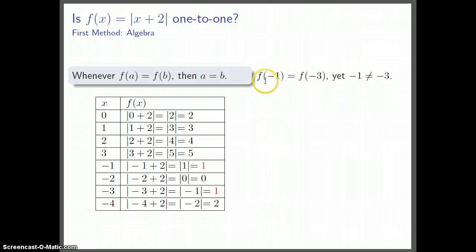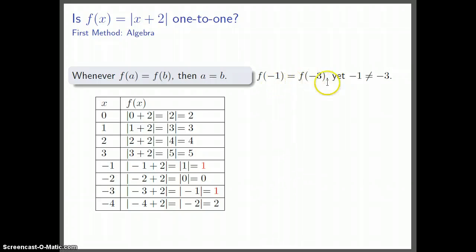So we have f of -1 equals f of -3, and if we follow along with this, whenever that happens, we should have that a, the thing in the first set of parentheses, the -1, should equal -3.